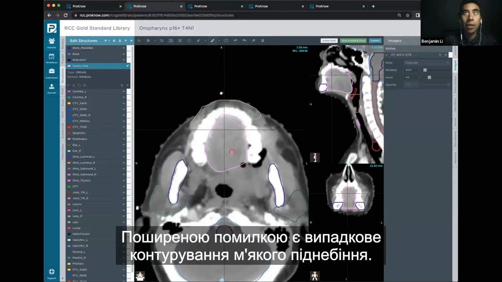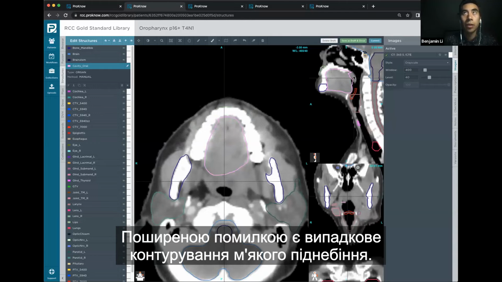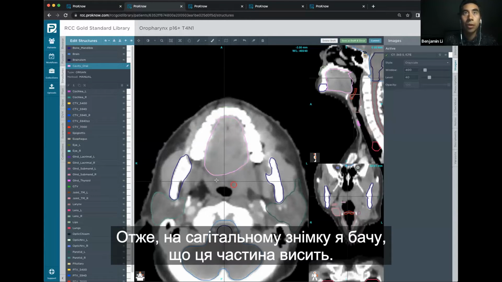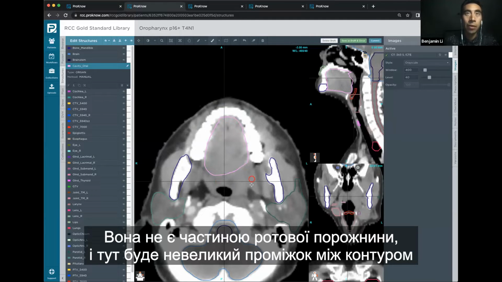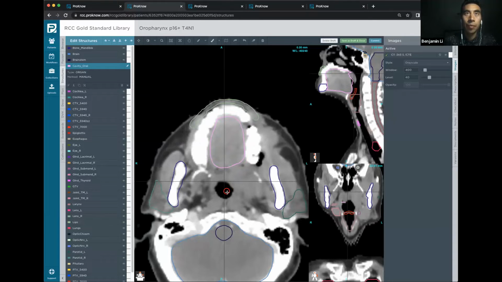A common mistake is accidentally contouring the soft palate here. So on the sagittal view, I can see that this part's hanging over. That's not part of the oral cavity. And here there's going to be a little bit of space in between the oral cavity contour and the airway.